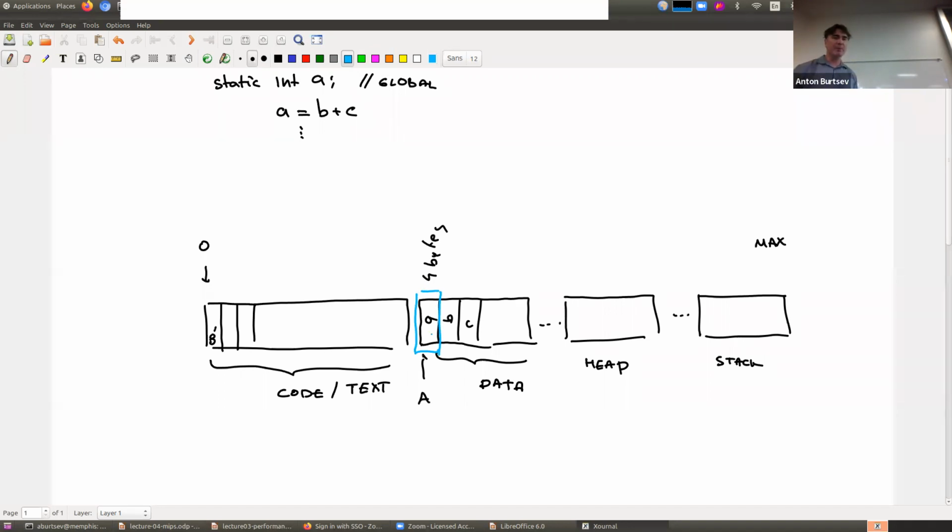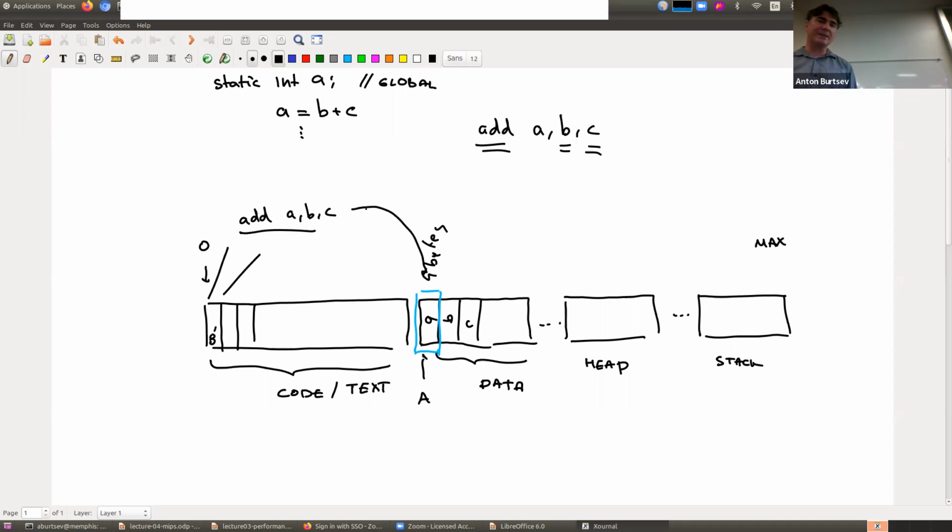Before, we wrote an addition instruction, like A equals B plus C, and we should agree that the names I put here are addresses. When the hardware tries to execute this instruction addition, let's imagine it sits right here, encoded in some machine representation, add A, B, and C. The hardware will either go to locations A, B, and C, and that's possible, or you say that those variables should first be brought to registers.